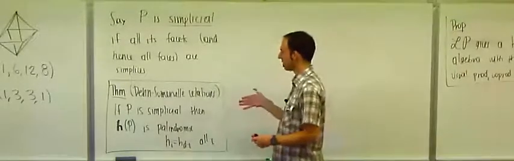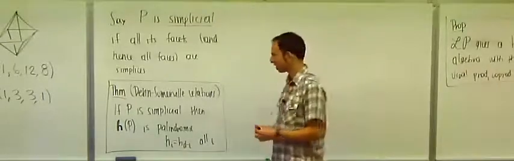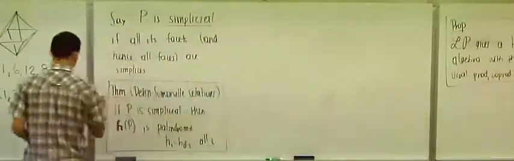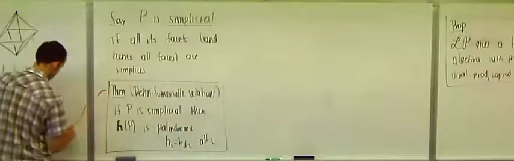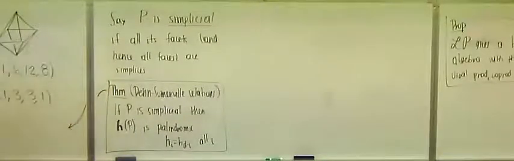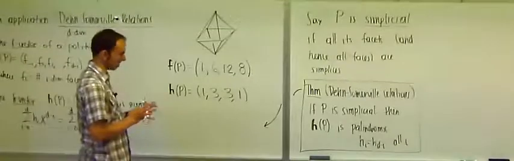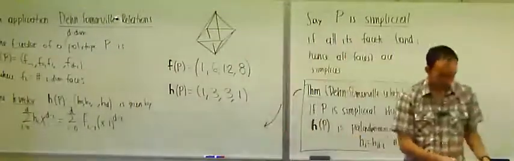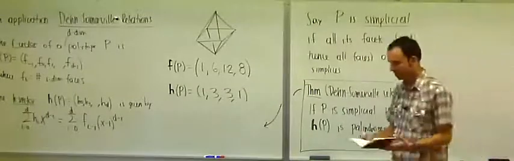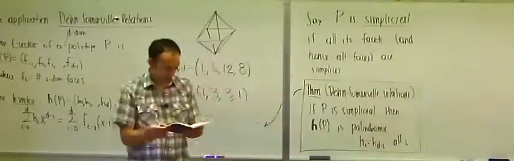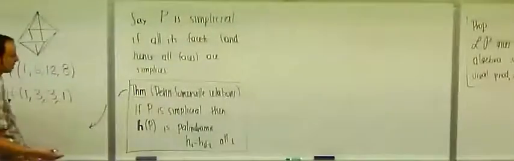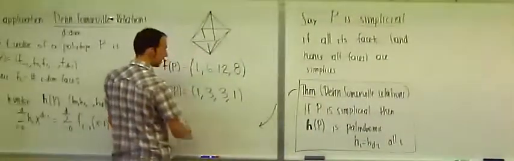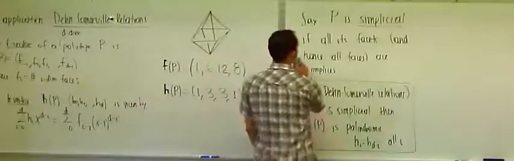Before I prove the Dehn-Sommerville relations, let me write them in the way that I believe Dehn and Sommerville wrote them. They didn't write them in terms of the h's. I think that was done later, but don't quote me on that. But you can also write the h's in terms of f's, right? You can write what this means, and the Dehn-Sommerville relations look like this.